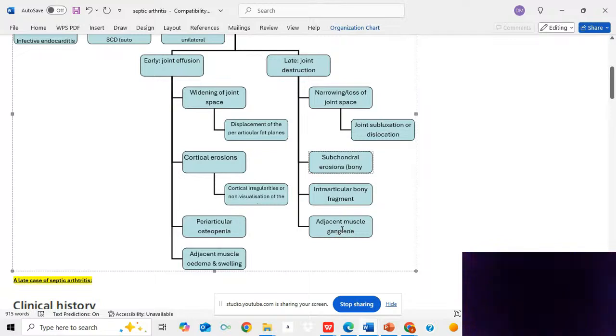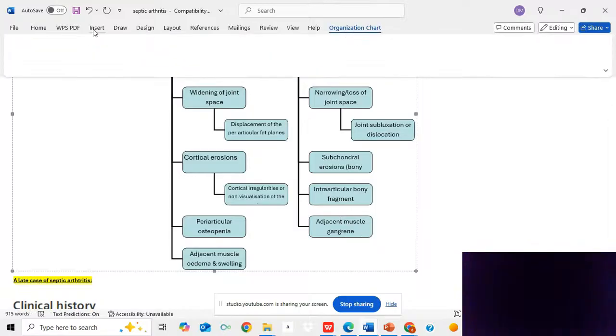How do you see gangrene of the adjacent muscle? You will see a collection of gas in the muscle.